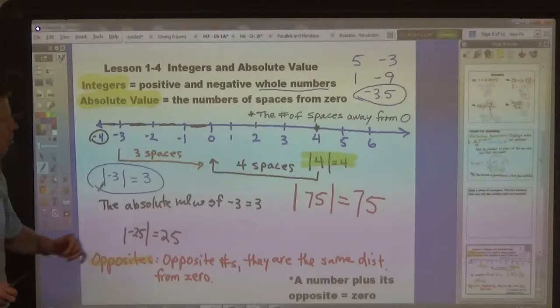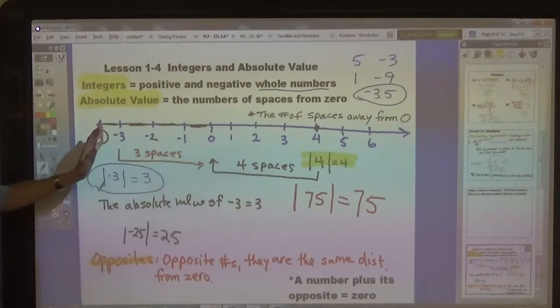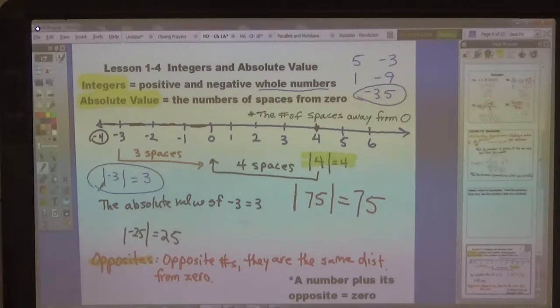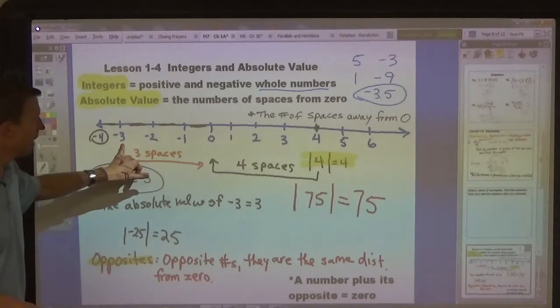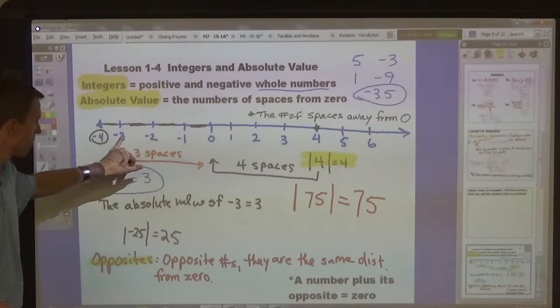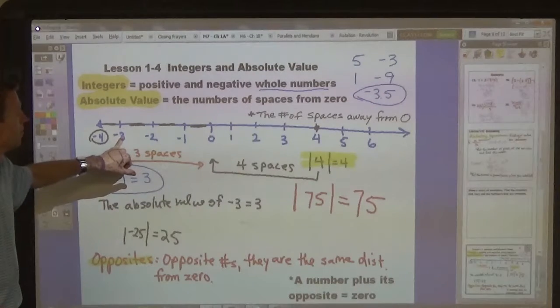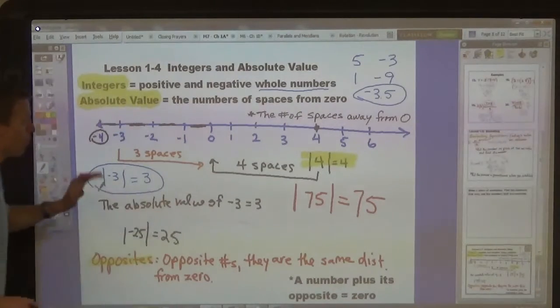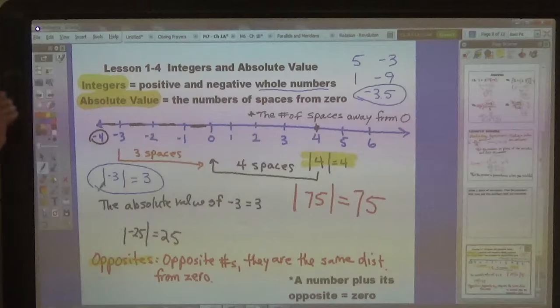When you're putting numbers in order from least to greatest with integers, the farther to the left a number is on the number line, the lower its value. So -3 is less than -1 because it's farther to the left on a number line. And so when you're putting numbers in order, the more negative it is, the less its value is. Does that make sense?